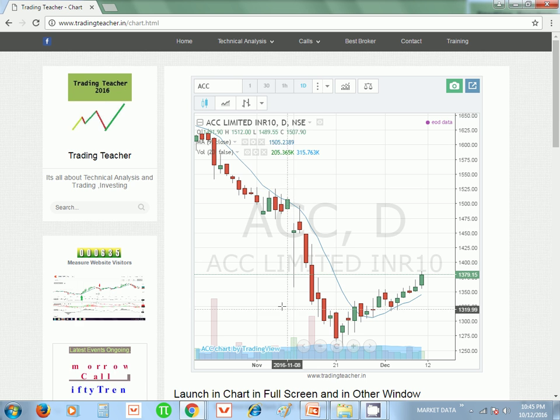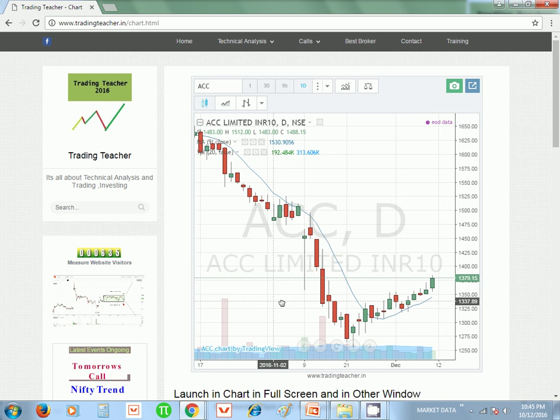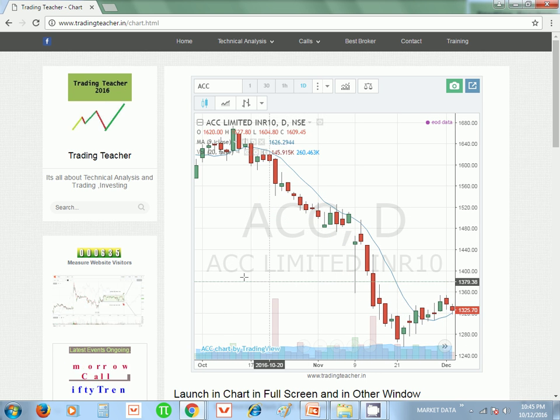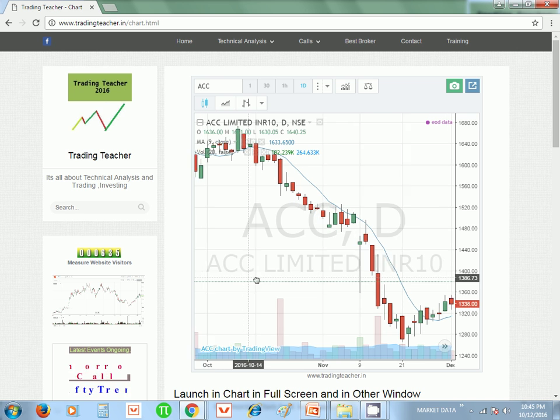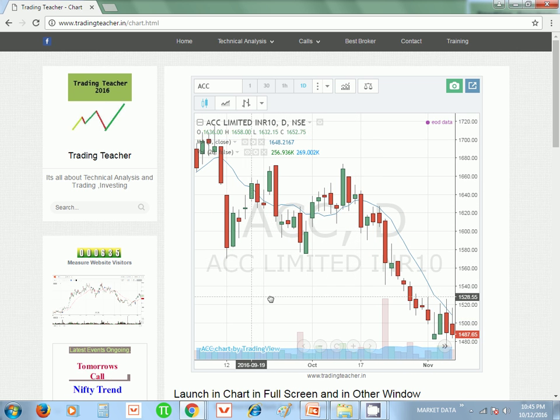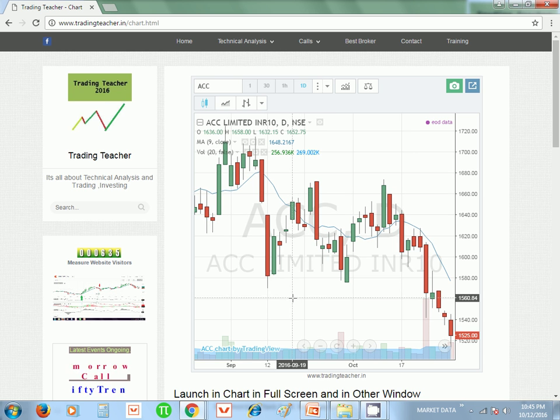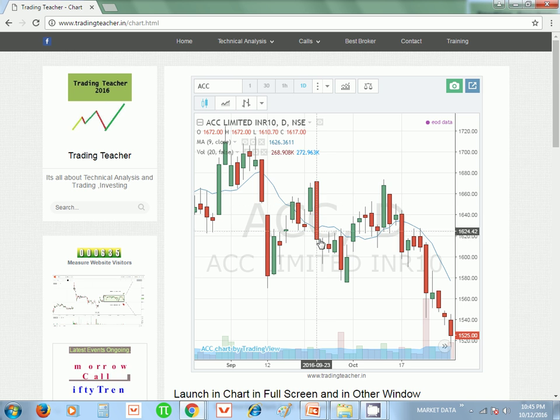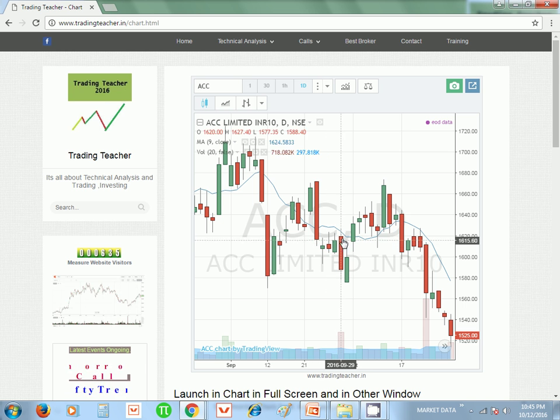Okay friends, now we are going to search for the pin bar, hammer pattern and inverted hammer. This is the inverted hammer. The current trend is downtrend, and in this downtrend we have found the inverted hammer, and after this the market has risen.